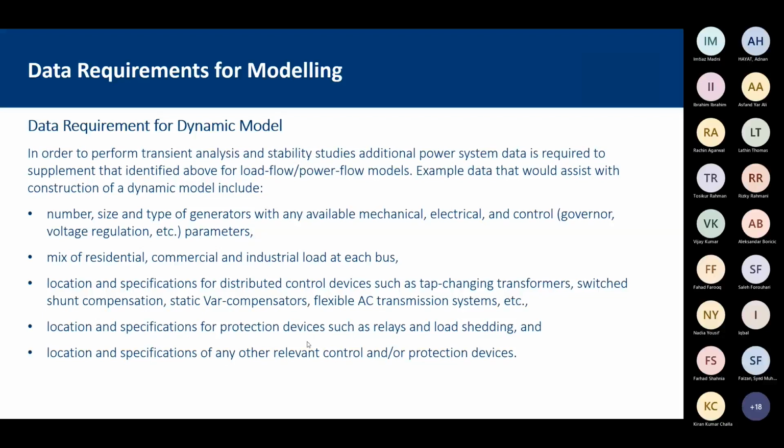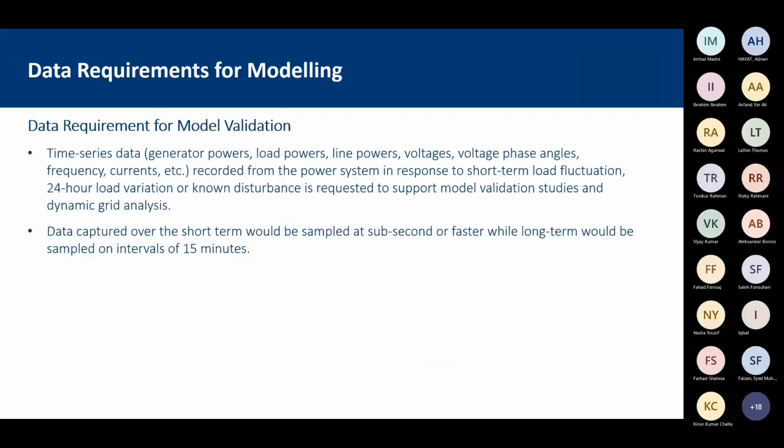And all other communication controls, like how different energy sources are communicating with each other. How do we monitor certain parameters from another point so that we can control the generation on the other side? That is also very important for dynamic modeling. And then protection schemes, obviously, are part of the power system modeling.